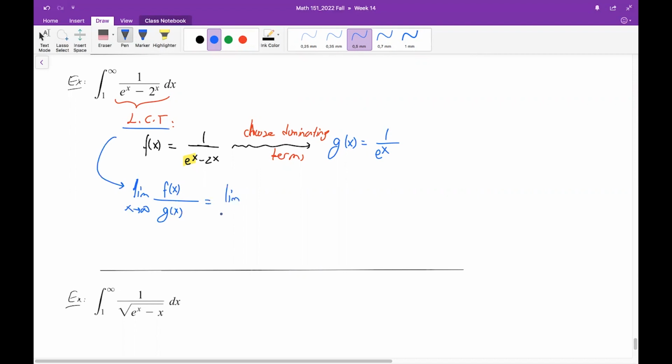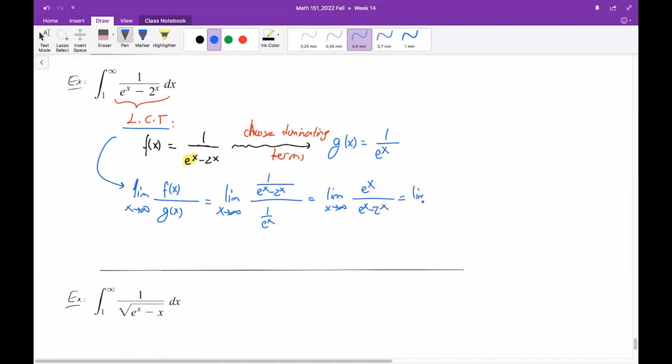Okay, let's compute the limit as x goes to infinity. We have 1 over e to the power x minus 2 to the power x, and we have 1 over e to the power x here. So let's rewrite it as the limit as x goes to infinity of e to the power x over e to the power x minus 2 to the power x.